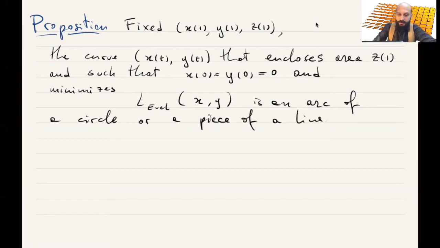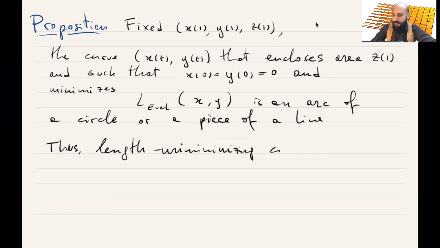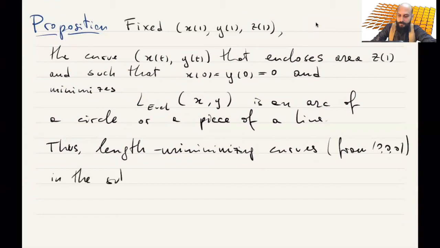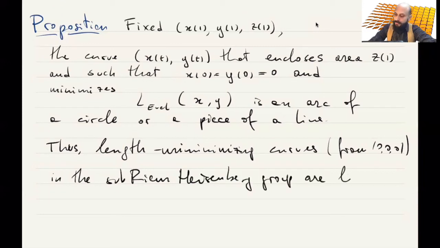After we have this, then as a consequence, length minimizing curves from the origin, from (0, 0, 0), in the sub-Riemannian Heisenberg group are lifts of circles or lines.